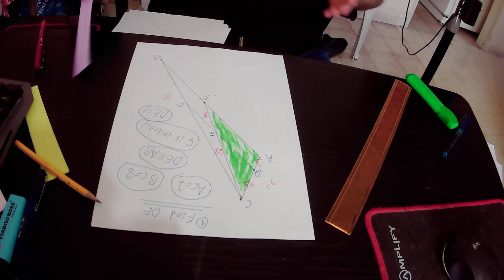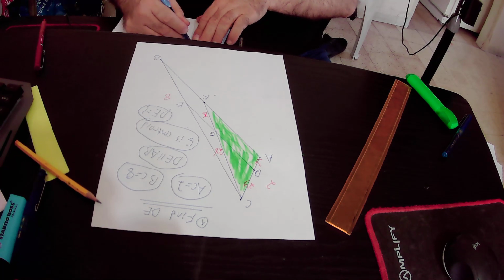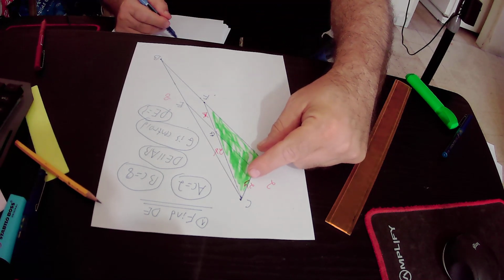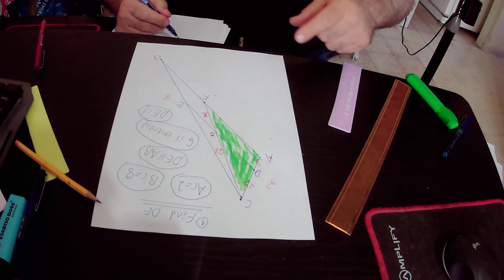Therefore, according to rule number 3, those two corresponding angles that are located between parallel lines will be equal to each other.